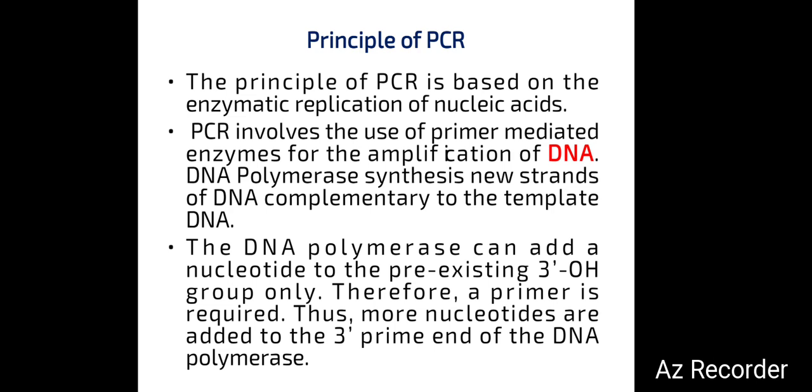Primers are short DNA sequences that provide a starting point for DNA synthesis. So, overall, the principle of PCR is that it uses template DNA, primers, and enzyme to produce millions of copies of small DNA segments. The next slide shows the components of PCR.